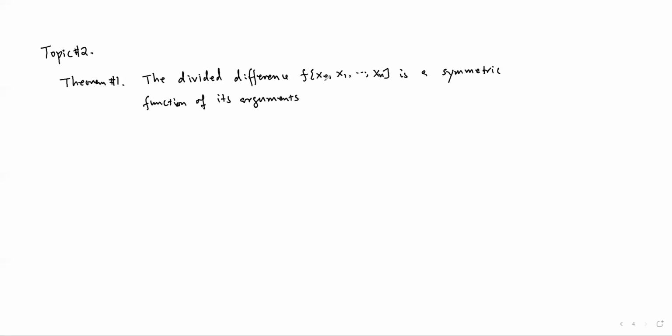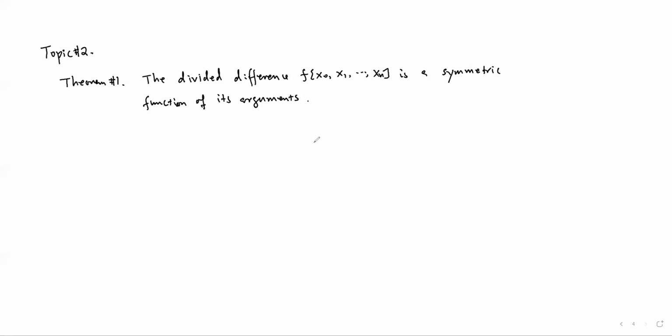Its arguments are x0, x1, and xn. This property says that the order of x0, x1, and xn doesn't matter.